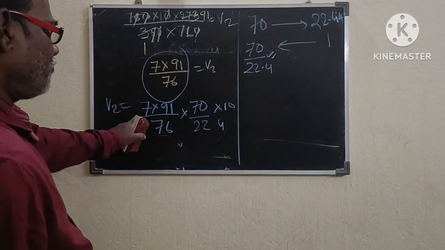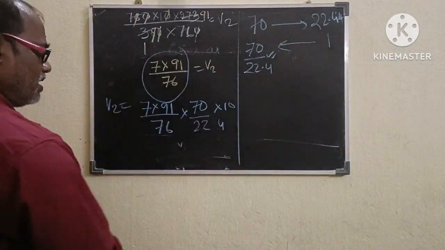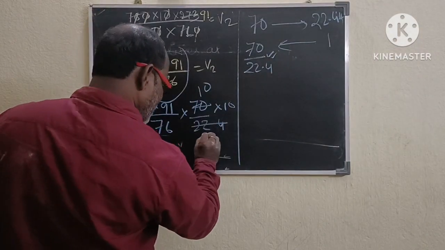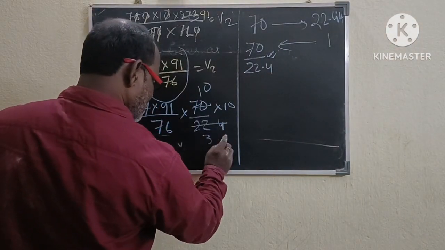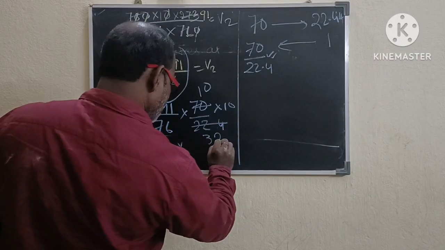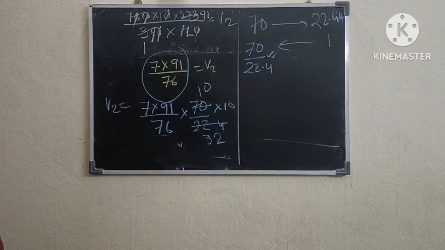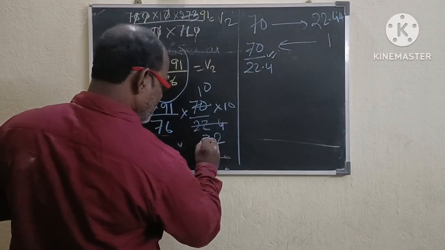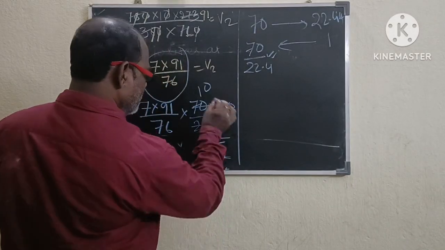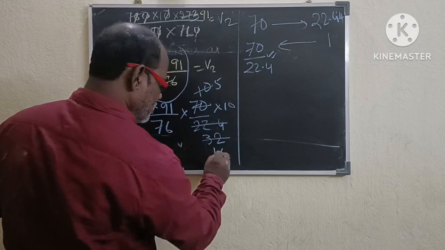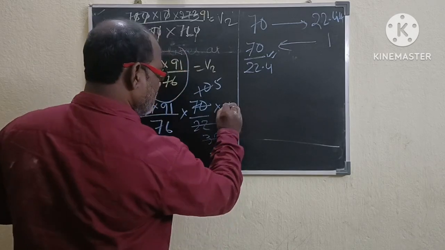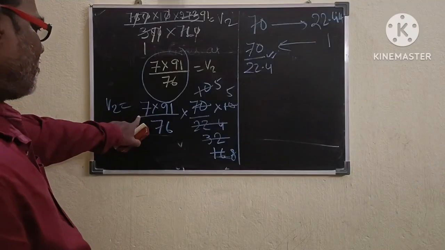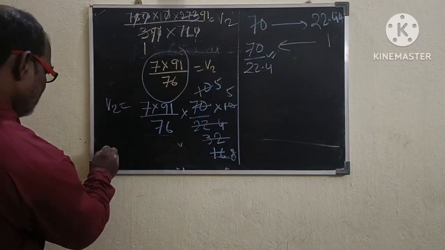Now what we are going to do is, if we do the simplification, what do we get? 7 tens are 70, 7 threes are 21, 7 twos are 14. Next, we get 216, 2 fives, 2 eights are 16, 2 fives. So ultimately we are getting 7 into 91.